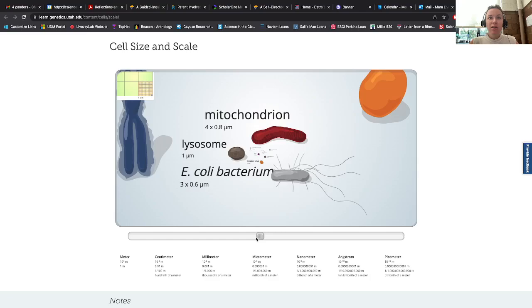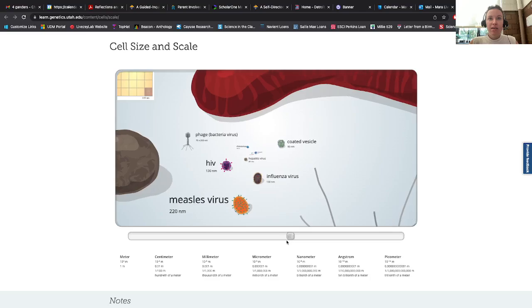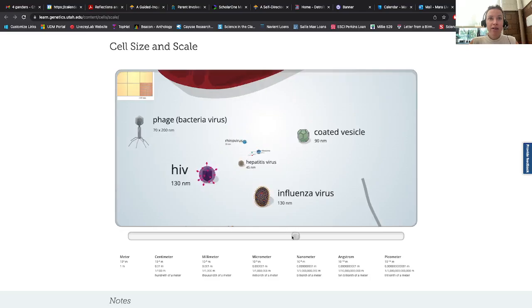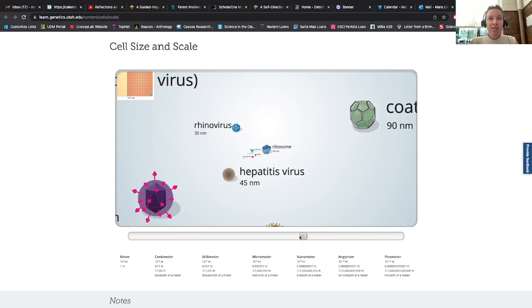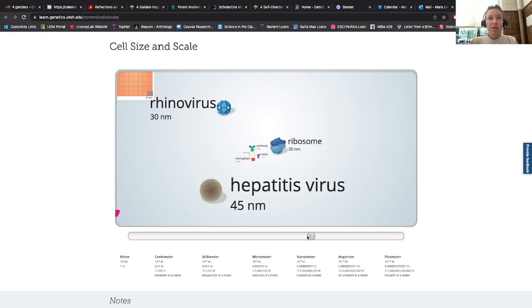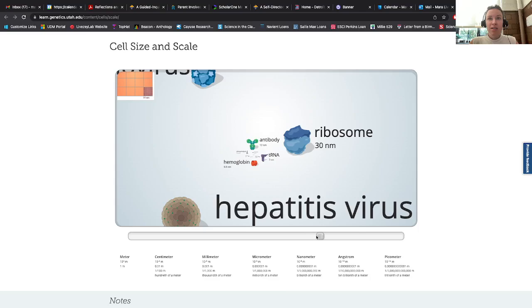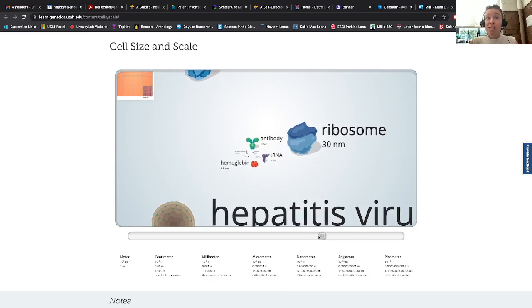And what if we zoom in even more past this bacterium? We can see now some viruses, measles, influenza, HIV, hepatitis. And as we zoom in more and more, we can now start to see a ribosome, that is a protein.